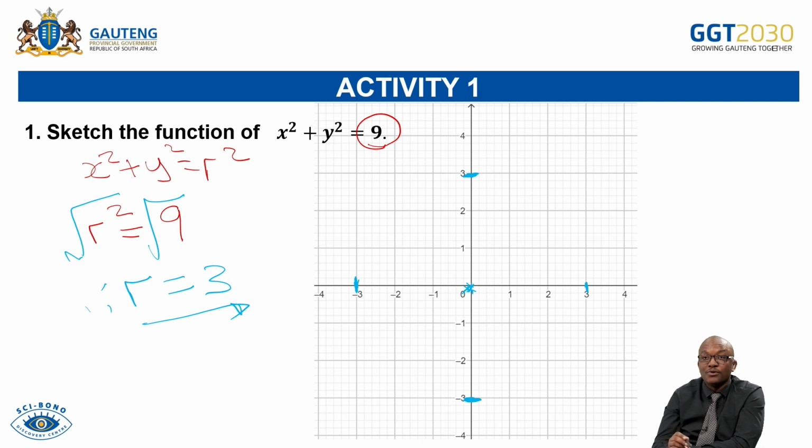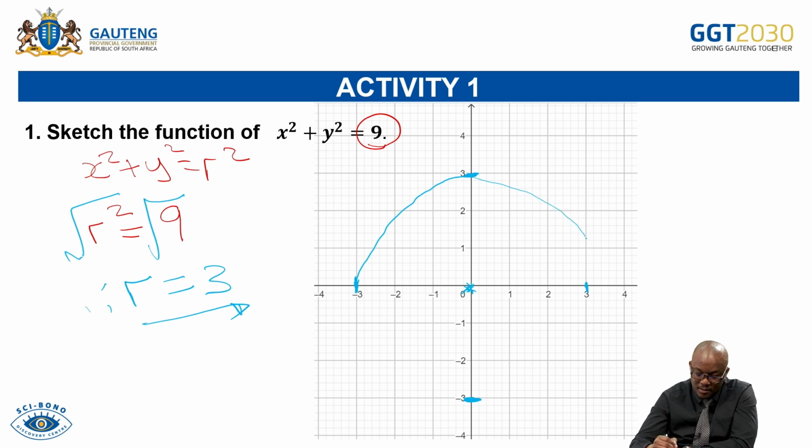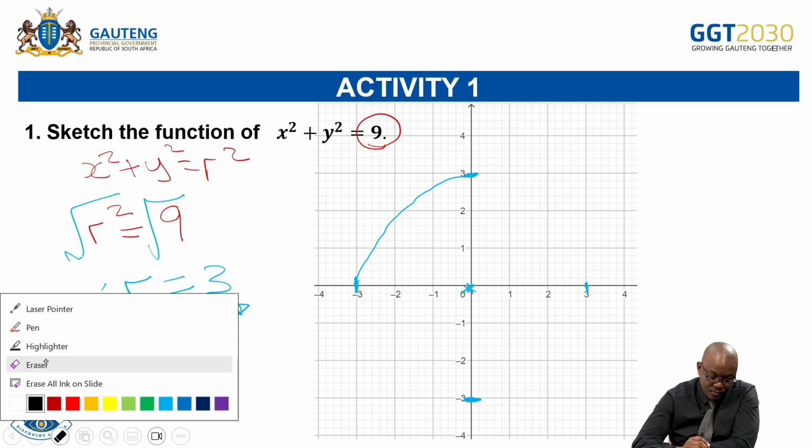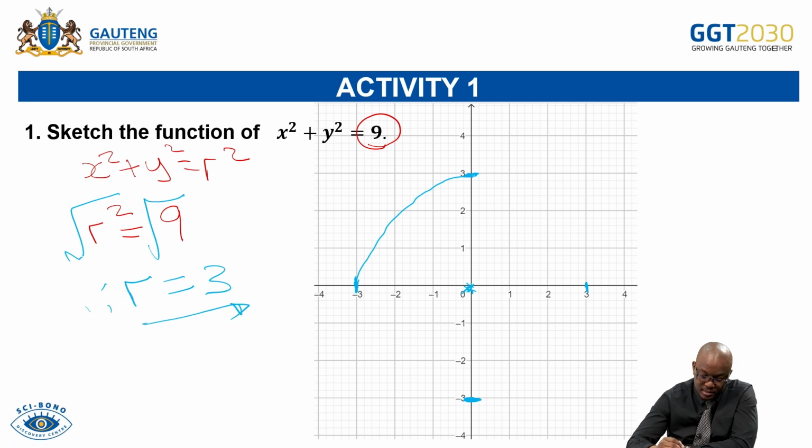Remember, radius is always counted in positive units. So now, sketching the circle, you will just draw your circle. It won't be that accurate, but you will have the picture of how to sketch that equation of your circle.